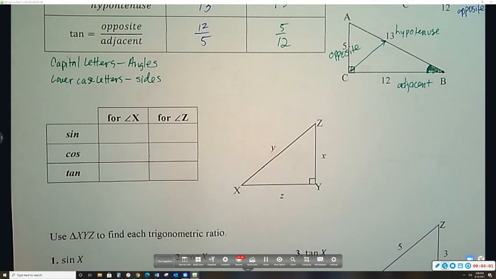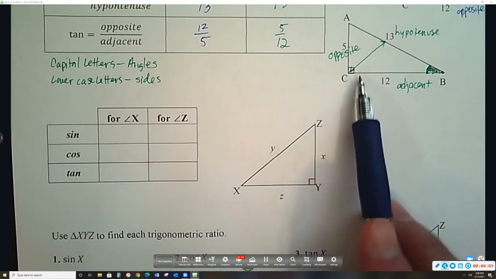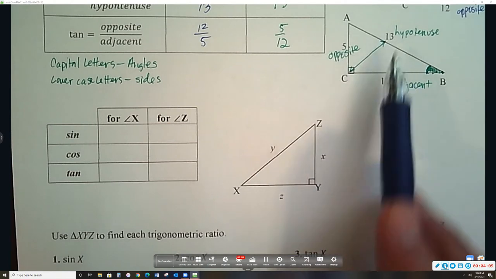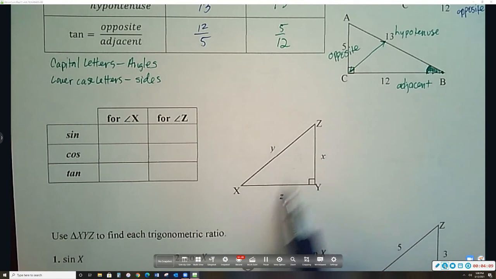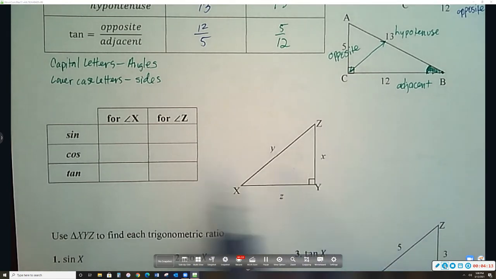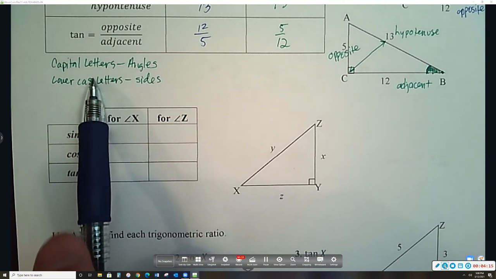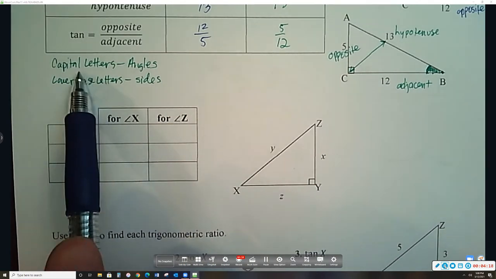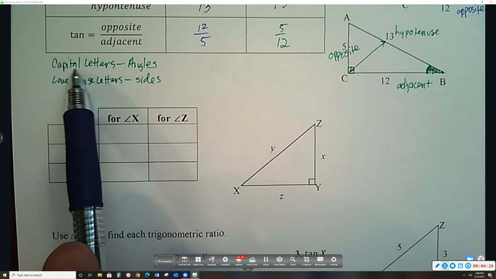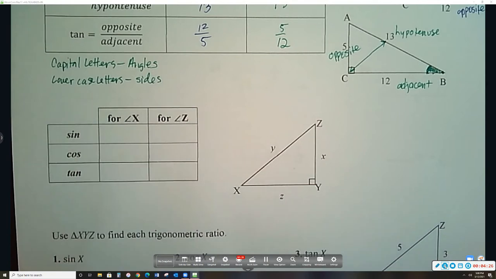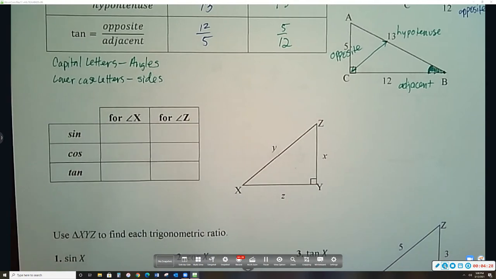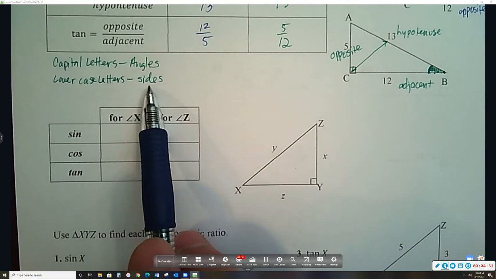So we're going to continue with this one. Now sometimes, if we look back, this one had actual measurements for the sides. Sometimes we just have letters in here, and then we're asked to find the ratio, which is the same idea. The one thing I did want to mention, I can't remember if I mentioned this in the notes or not. Capital letters are always used to identify angles, and lowercase letters are used to represent the side lengths.